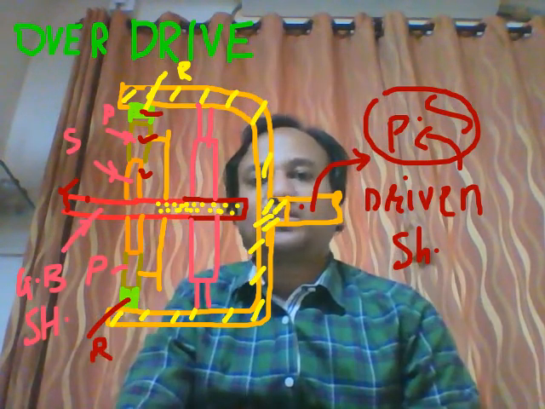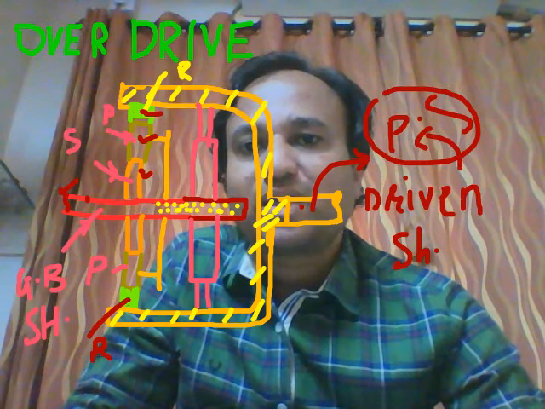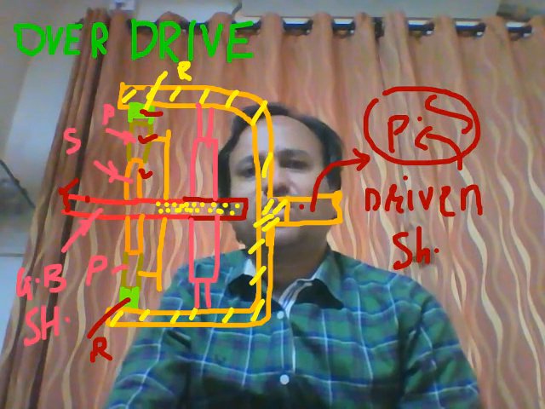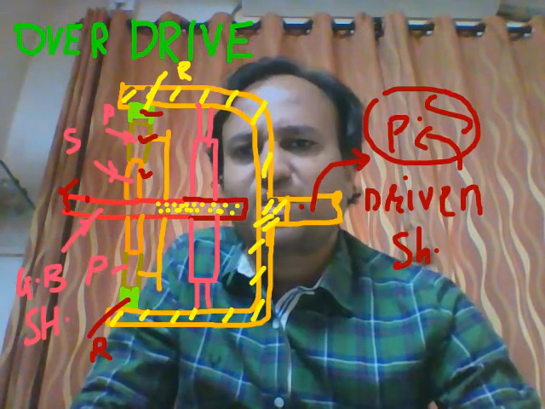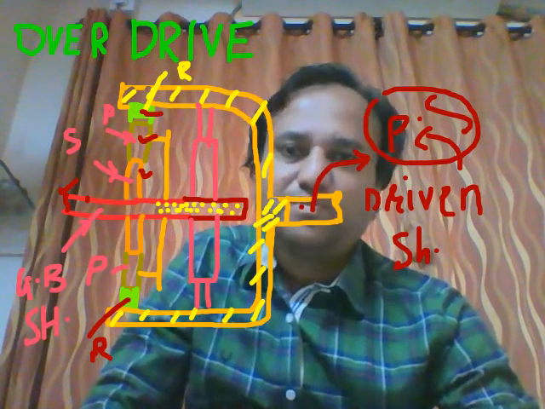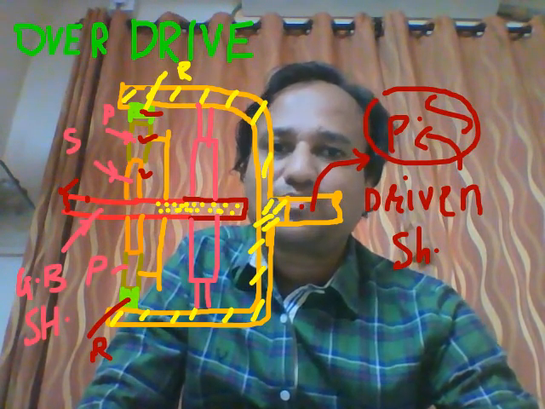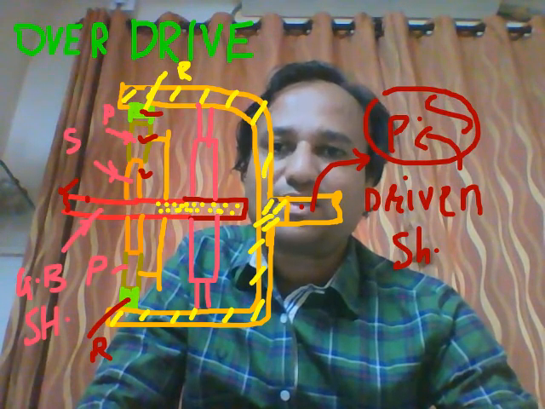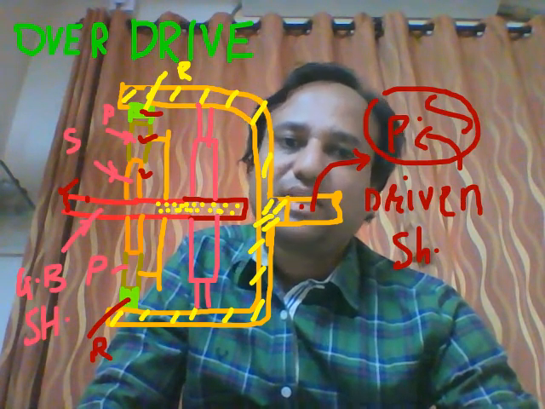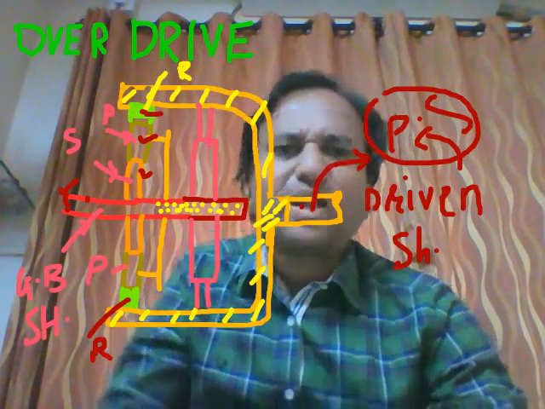So during this, we are choosing the dimensions of sun, planet and ring gear in such a way that higher speed at output we are getting, that is the ring gear executes more speed than that of the planet gear.